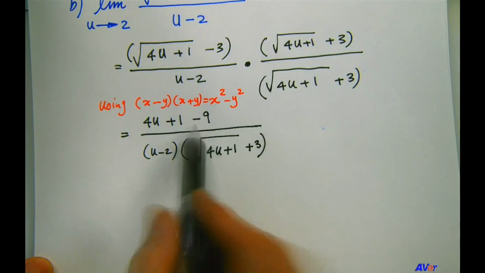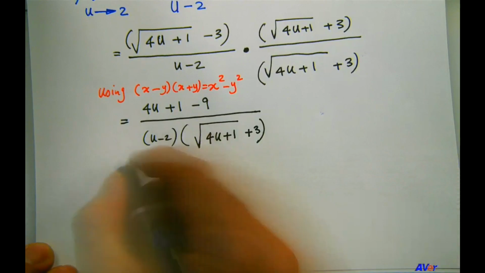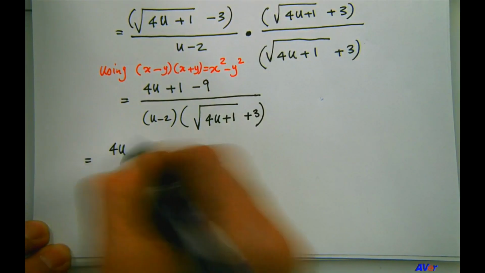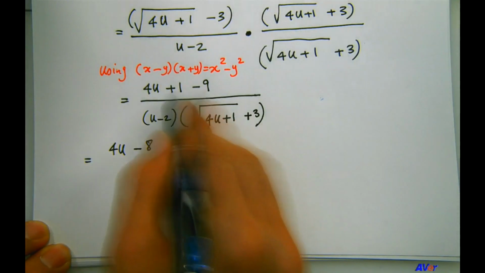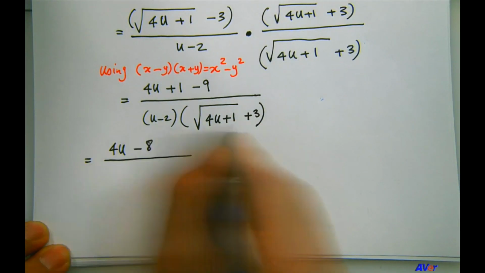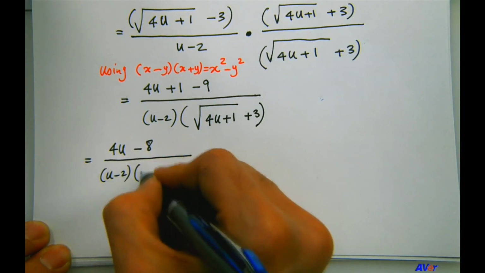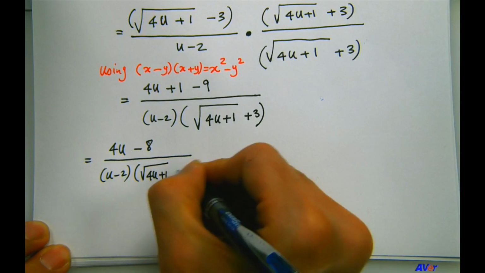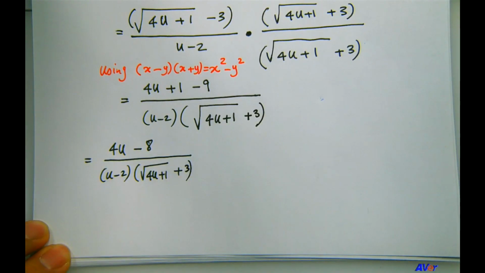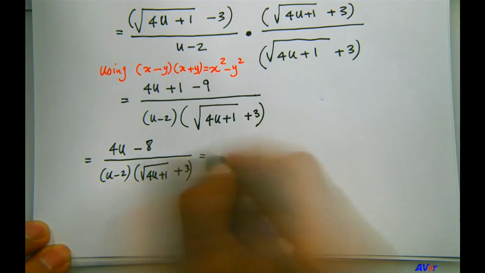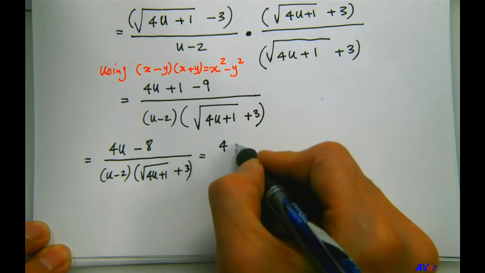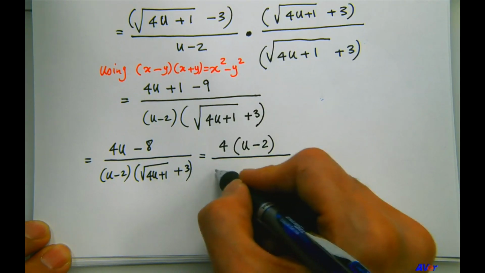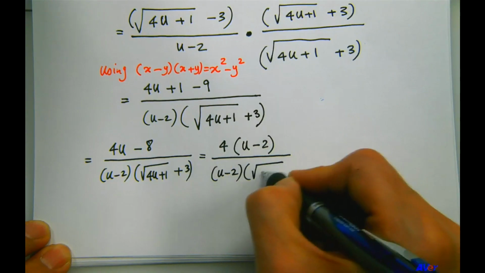In the numerator, we have 4u minus 8, of course, from minus 9 plus 1, and then over all of this in factored form. It's to our advantage if we keep things in factored form. And then of course we can factor the numerator: 4 times (u minus 2) divided by (u minus 2) times (square root of 4u plus 1 plus 3).